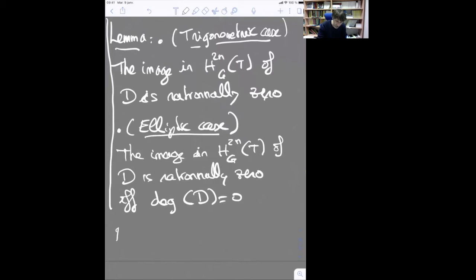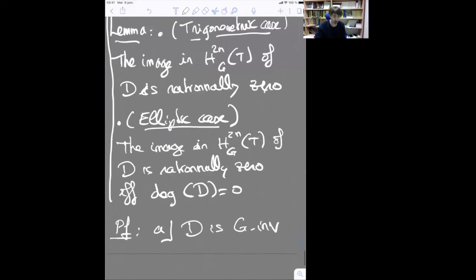I can explain briefly where it comes from. In the first case, the trigonometric case, we know that D is, by definition, G invariant. It's a G invariant torsion section.